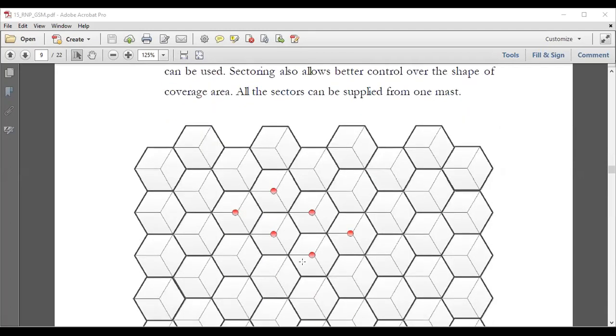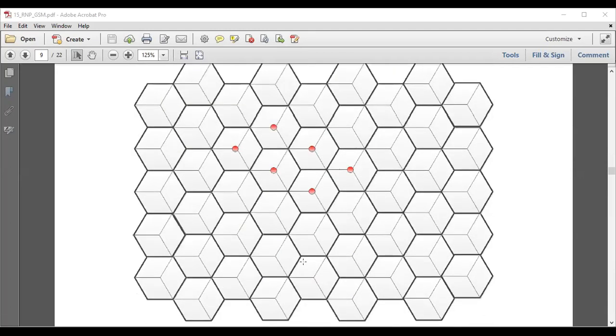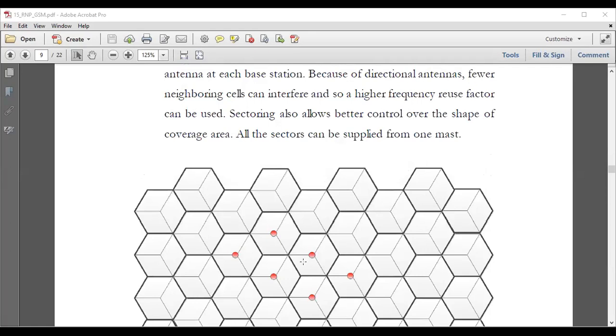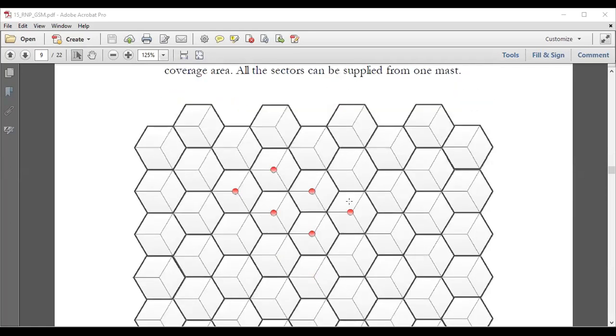Now, most of the time, the cells are sectorized the way it is shown here. At the center of these cells, there are base stations shown as these red dots. And you see that we have 3 sectors in a cell. The base station will have 3 sets of antennas facing in these three directions.